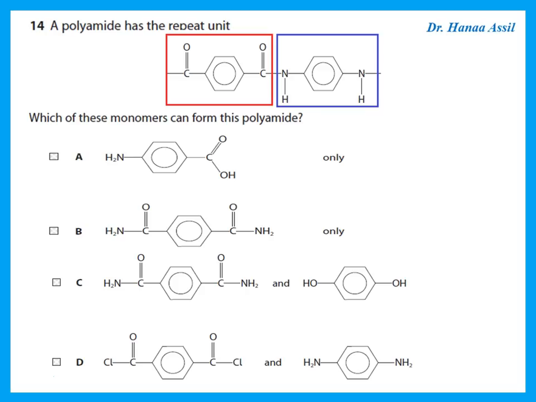So if I'm looking for the monomers, the one on the left would be a monomer like this. The one on the right would be this kind of monomer. So which one is my answer? So my answer is D. Can you see how we do it? You break it up and decide which part is which monomer.